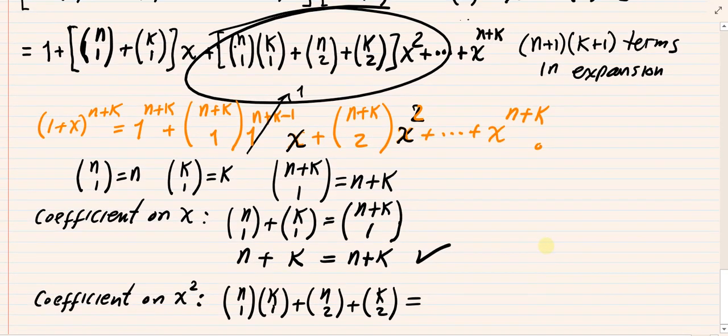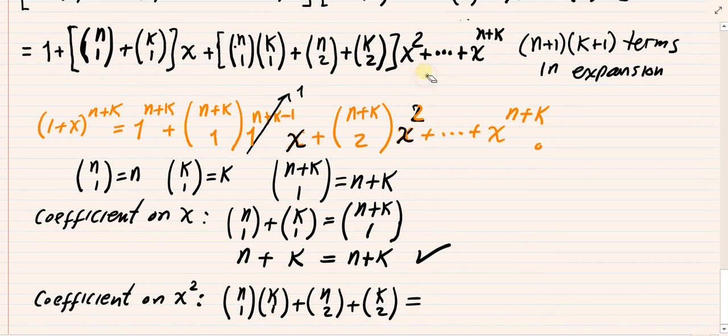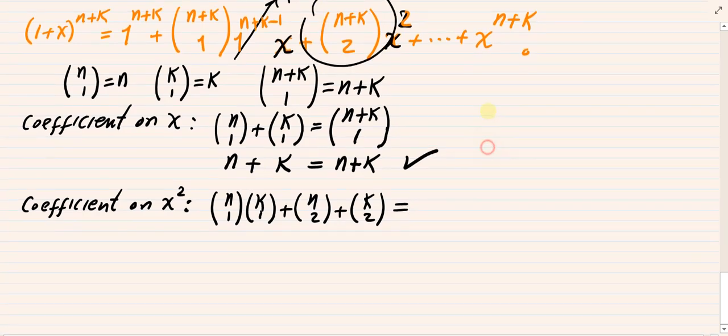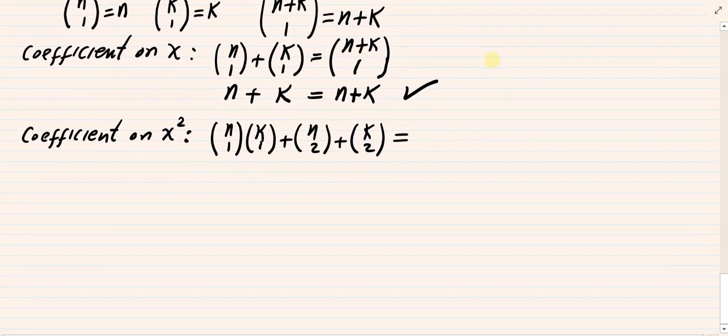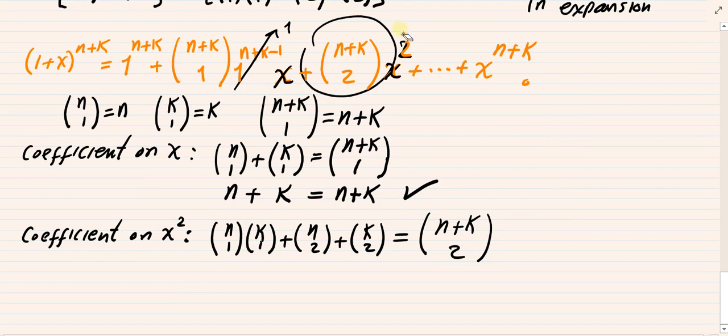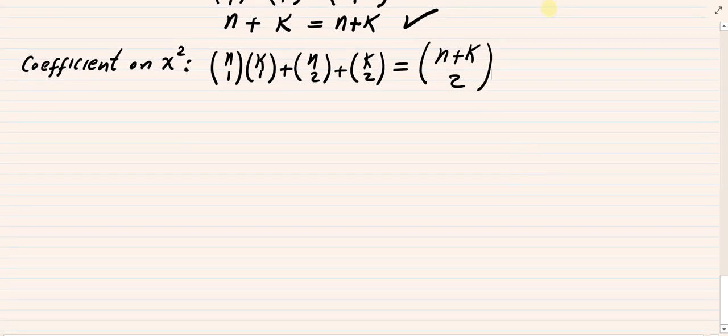Now if I look at the coefficient on x squared, here that's n plus k choose 2. And those should be equal. And we'll verify it, right?